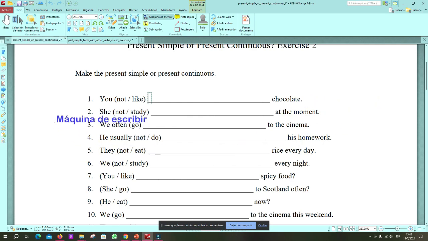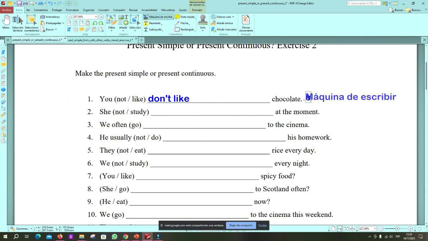So that is a negative one. But you should decide between simple present or present continuous. In this case, you have you, not like, but you don't have right now or now, so that would be a simple present tense. For example, you can say you don't like chocolate. And that would be the answer.